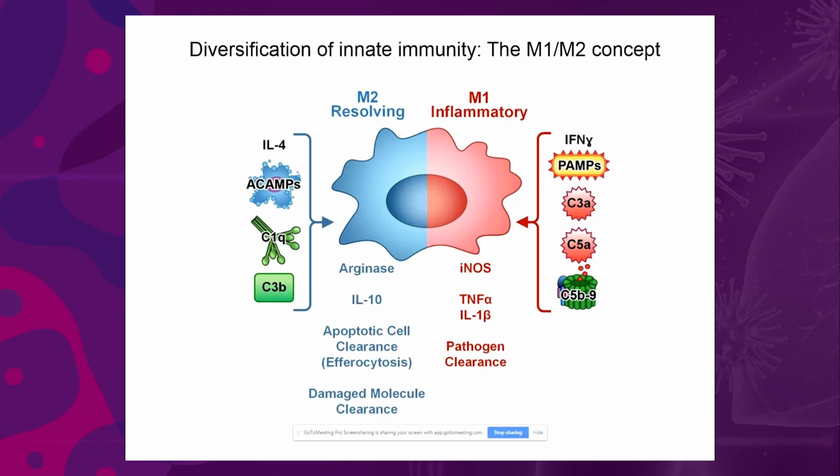They express arginase, they express IL-10. These macrophages are more potent in taking up apoptotic cells and mediate efferocytosis, that I just mentioned to you. They are important in taking up debris. So they are more important as an innate inflammatory response resolves.